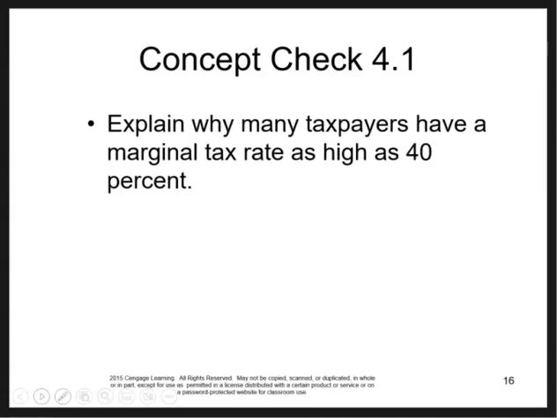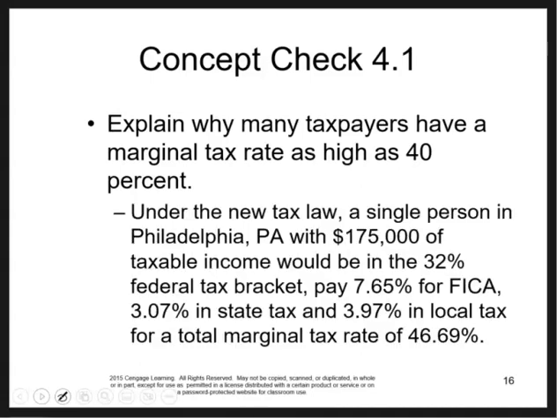This is the example I was mentioning, on why many taxpayers have a marginal tax rate as high as 40%. This is much more common in states where there is income tax. In states like Pennsylvania, you pay state income tax and you also pay city income tax.